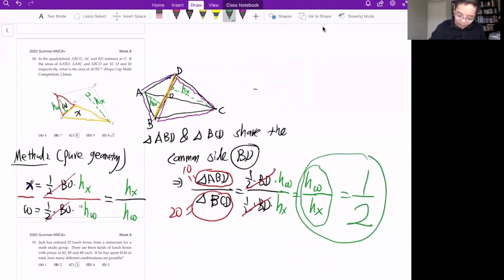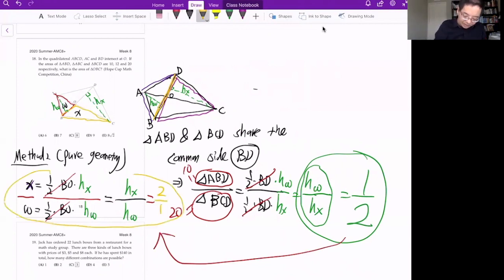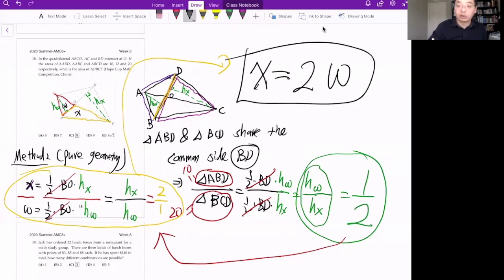If we flip it, we get 2/1. So you see, by this pure geometry argument, we rederive the fact that X equals twice W.